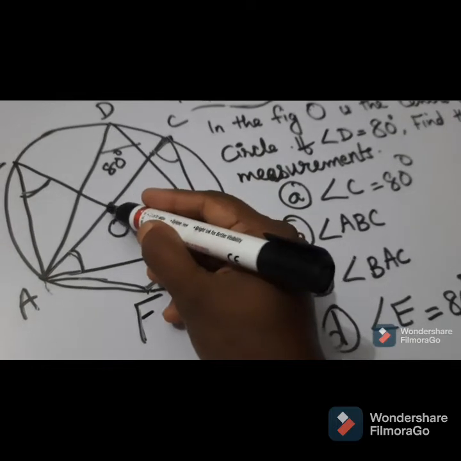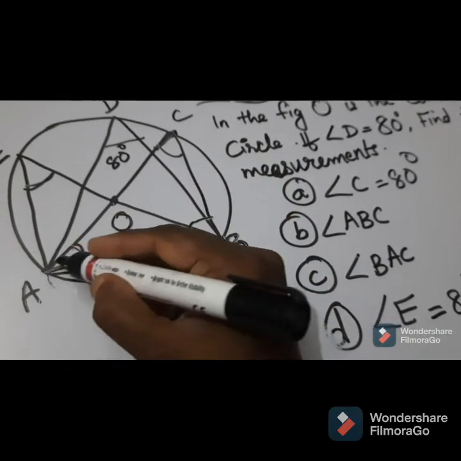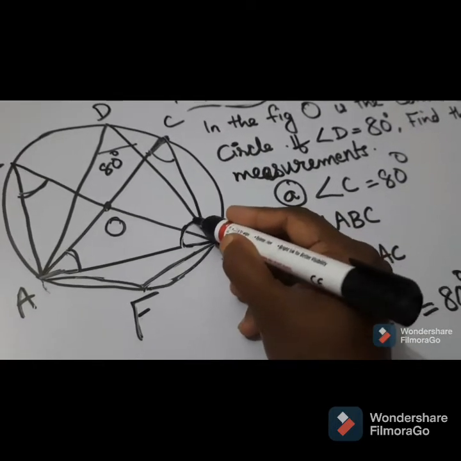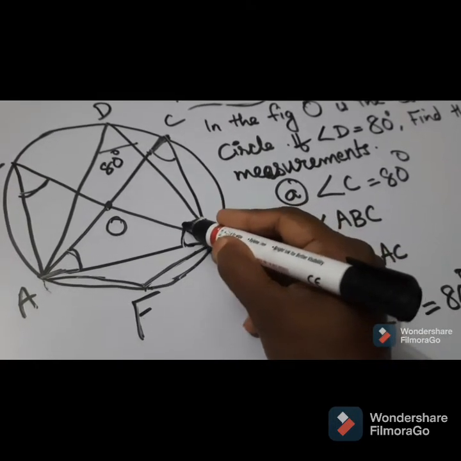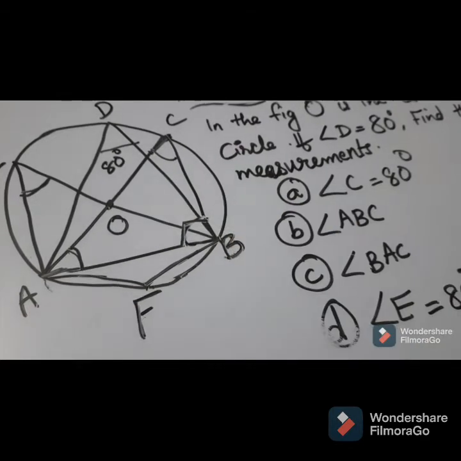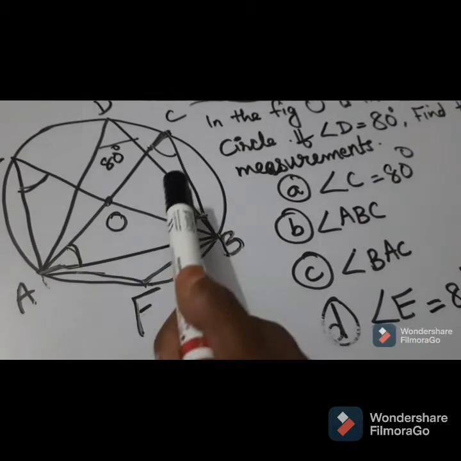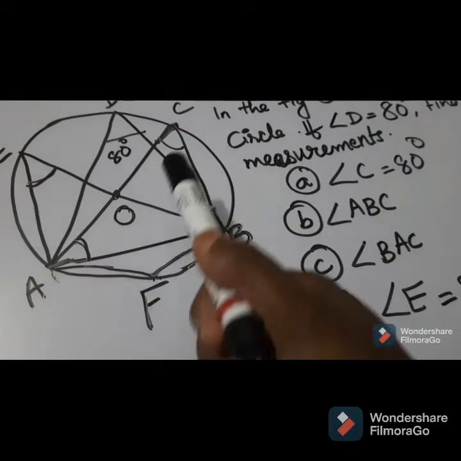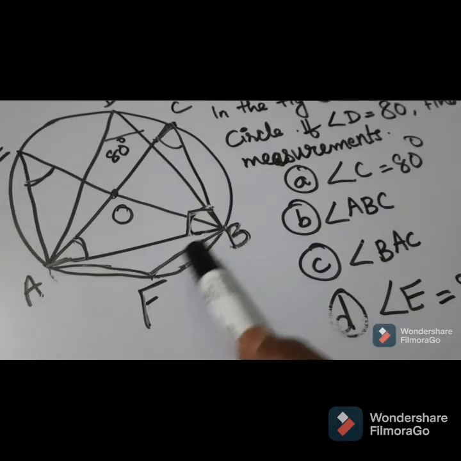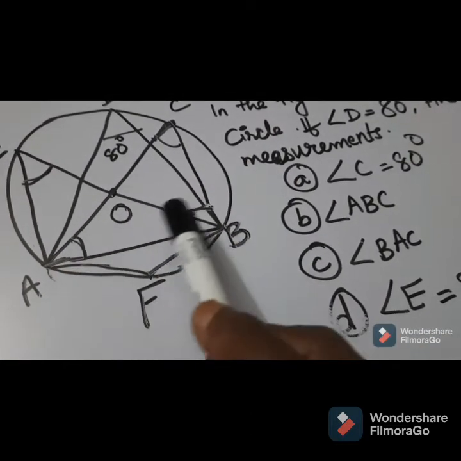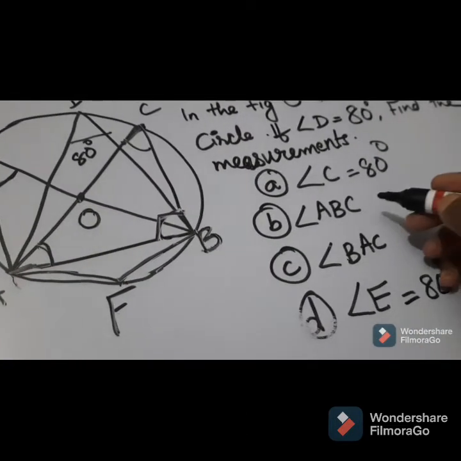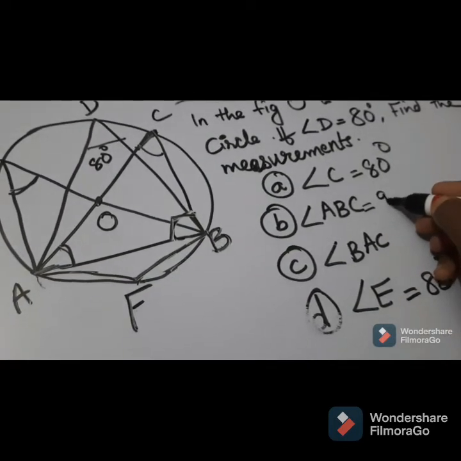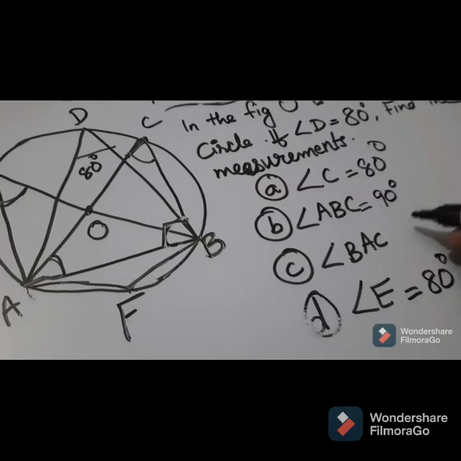That means this line, the third side, is passing through the center. That is, it is a diameter. If an angle is in a semicircle, this angle is 90 degrees. There is a property. So angle ABC is 90 degrees.